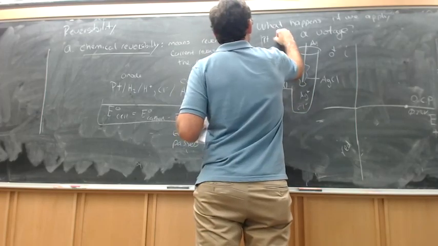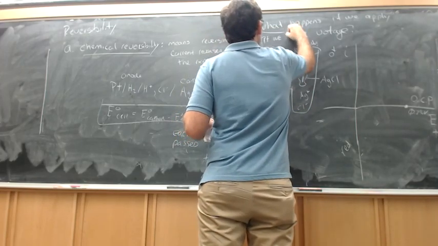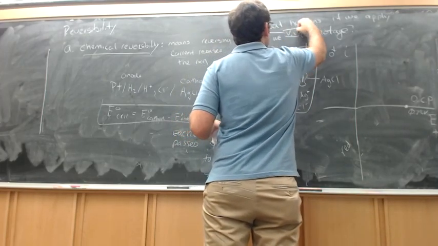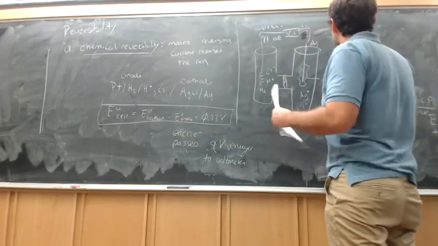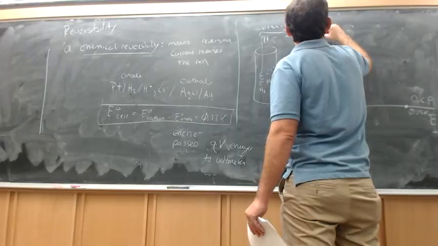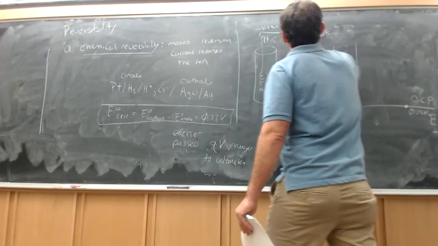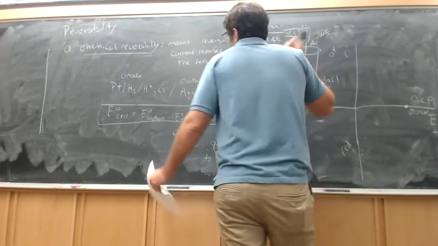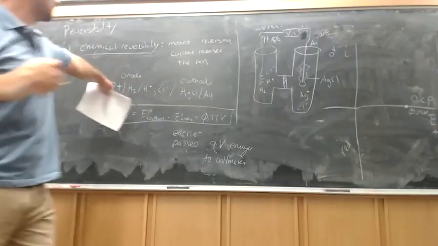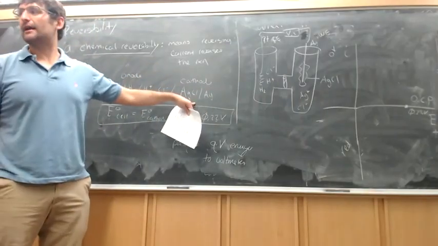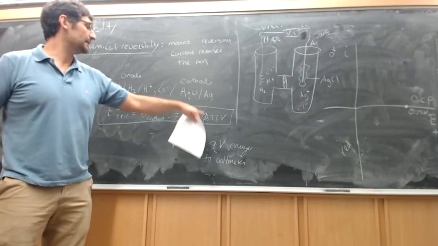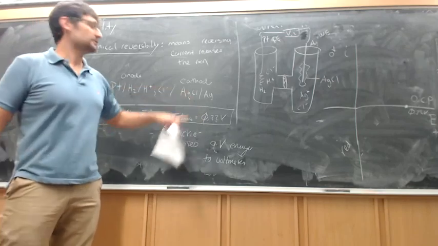Imagine this is a platinum working electrode, and this is my voltage, current source, and I go to the silver wire. So this is a 2 electrode measure, but you can think of this as the working electrode, and this as the reference electrode. It doesn't matter, but how we drew this equation, this is the cathode. We draw it as a reduction reaction, so the thermodynamics correspond to the reduction happening in the working electrode.